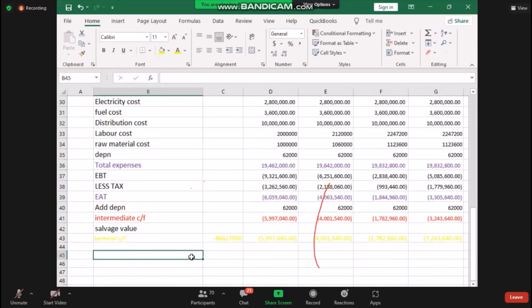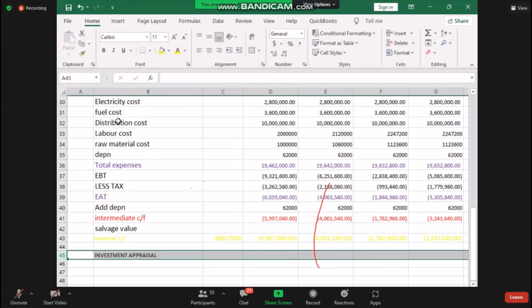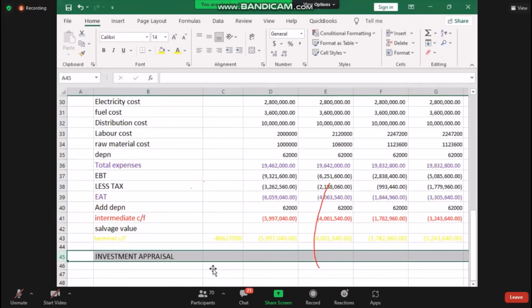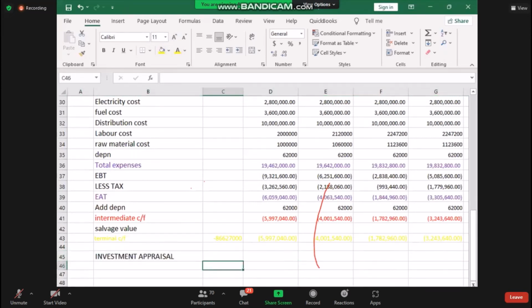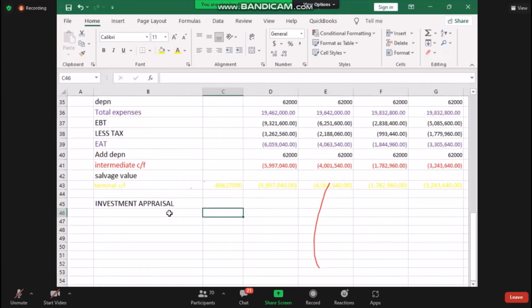So here I'm going to put appraisal. I want to appraise my investment using the different techniques. I'll use two, then I'll request you to look at others.